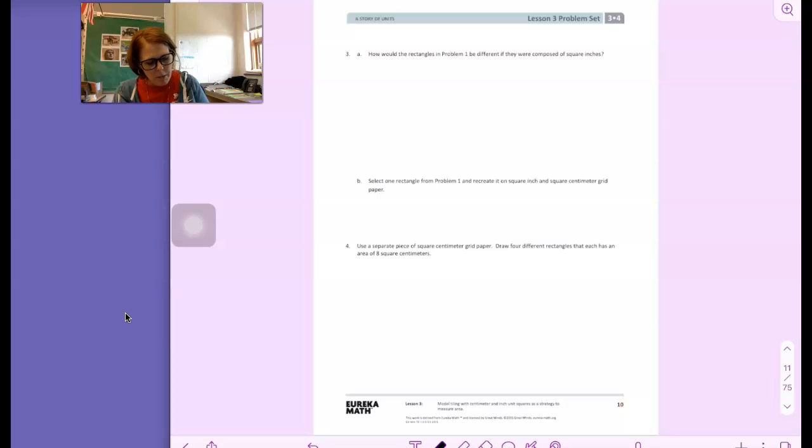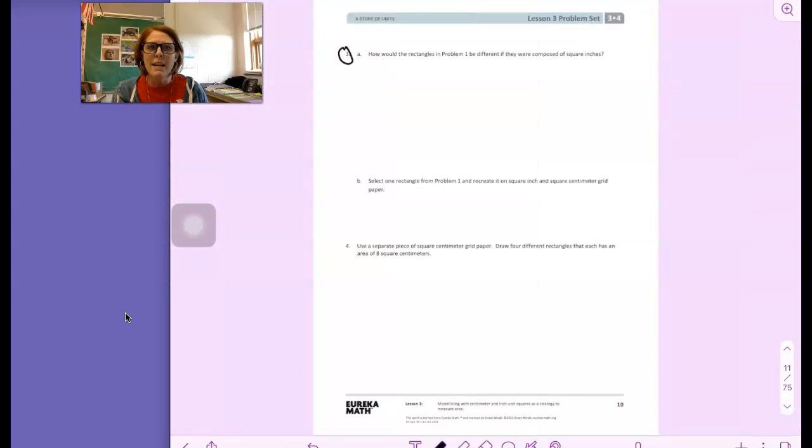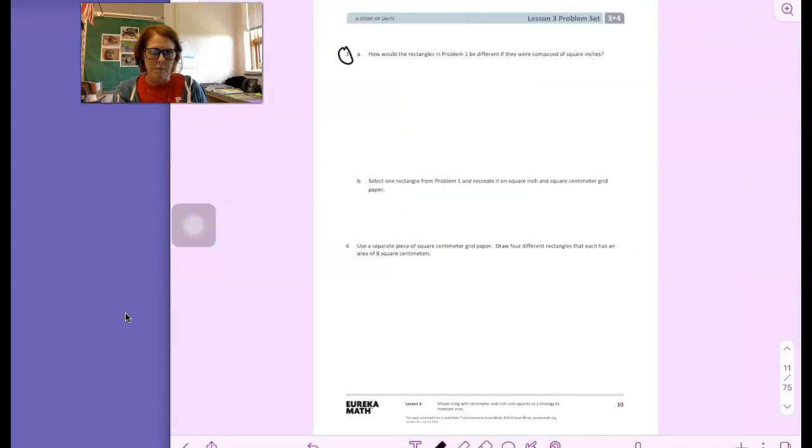Let's take a look at question number 3. And we're just going to do letter A. How would the rectangles in problem 1 be different if they were composed of square inches? So these squares, I believe, are really centimeters. If they were inches, how would they be different? Well, the number of squares would stay the same. The number of squares in the area would stay the same.